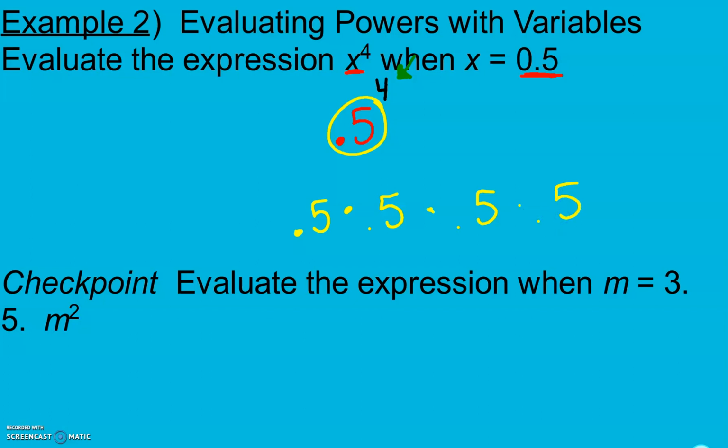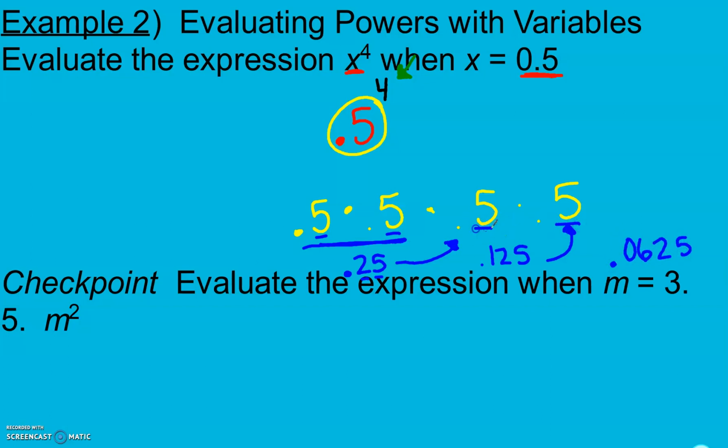Okay, and from here I can go ahead and multiply. 0.5 times 0.5, 5 times 5 is 25, and we have 2 decimal places, so 2 decimal places, I get 0.25. Times 0.5 gives me 0.125, and times 0.5 gives me 0.0625.